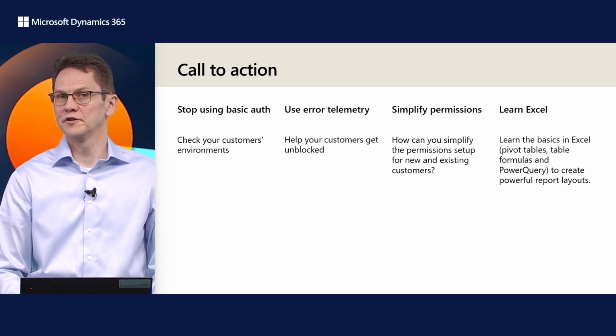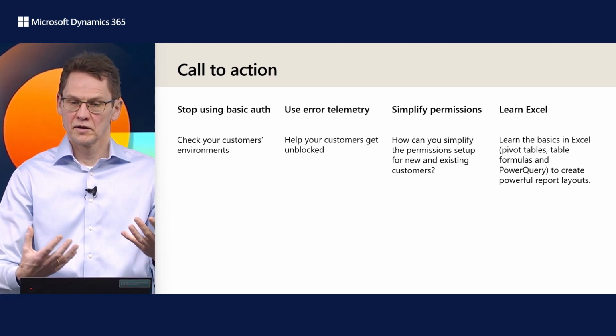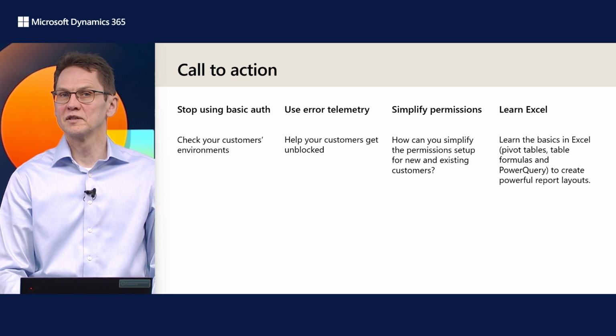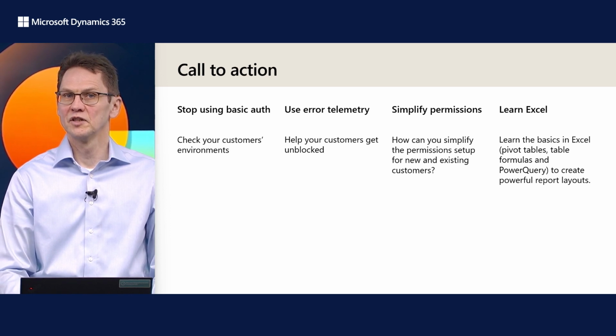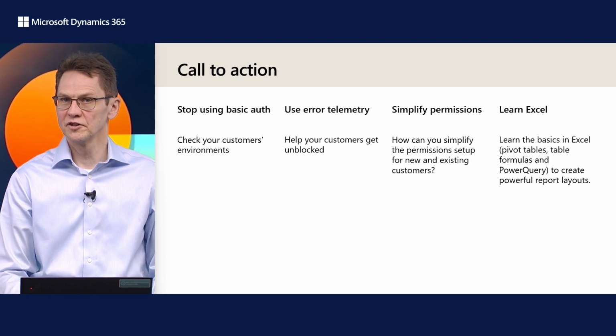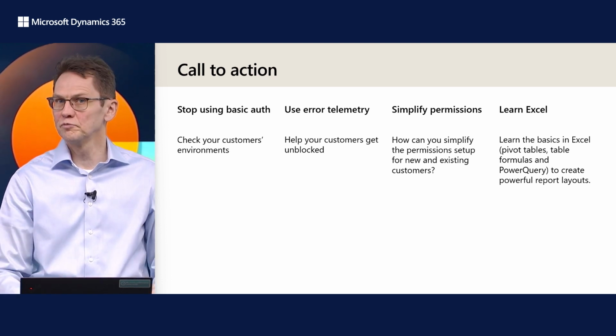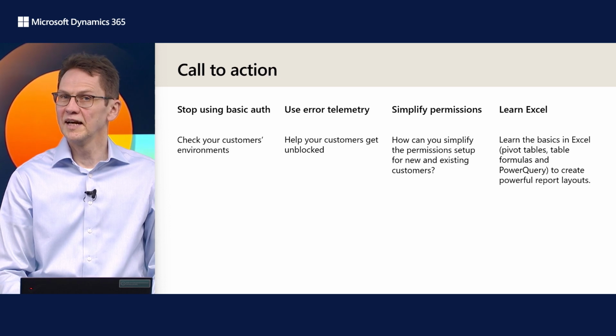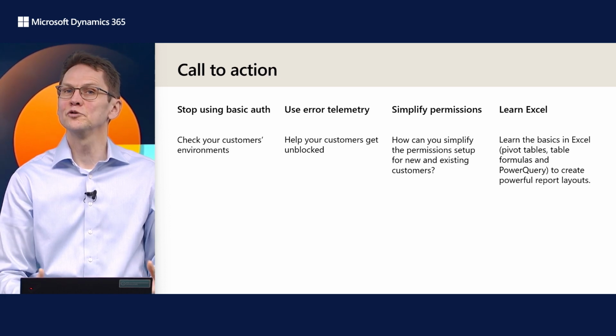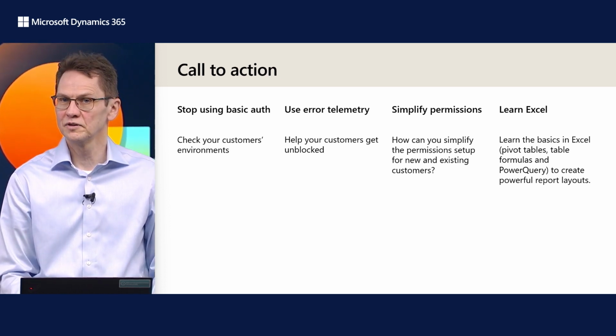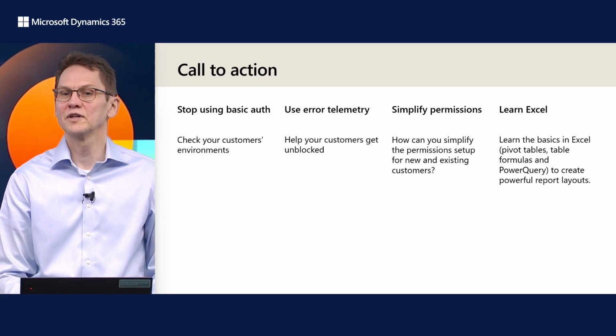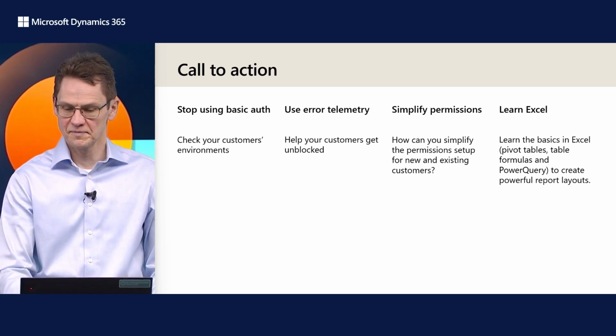Make use of the error telemetry. Use the new building blocks that we have given for the permission sets to simplify the permission setup for new and existing customers. Distribute good permission sets to your users. And then learn to make use of the new Excel layout feature. For that, take a look also at the other session.